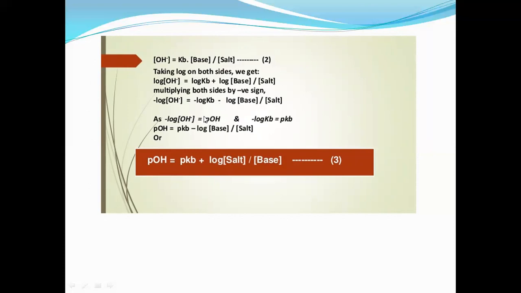So similarly, minus log OH is equal to pOH, and minus log KB is equal to pKB. So pOH is equal to pKB minus log base over salt, or finally, pOH is equal to pKB plus log salt over base.